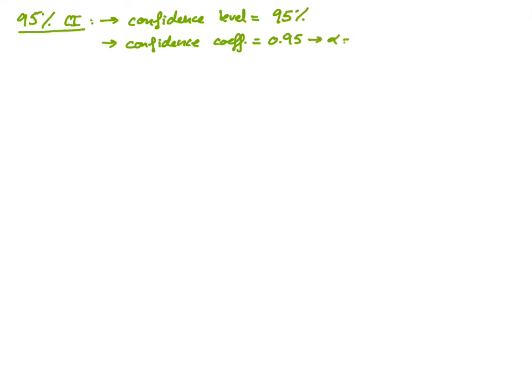So alpha is going to be 1 minus 0.95, which is 0.05, and so alpha over 2 is going to be equal to 0.025. That gives a z sub alpha over 2 of 1.96.